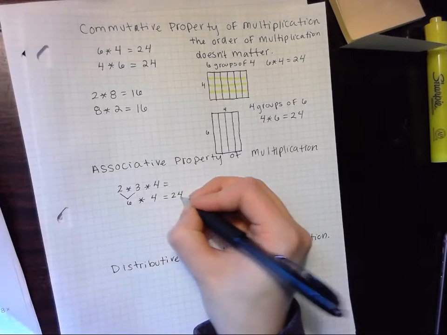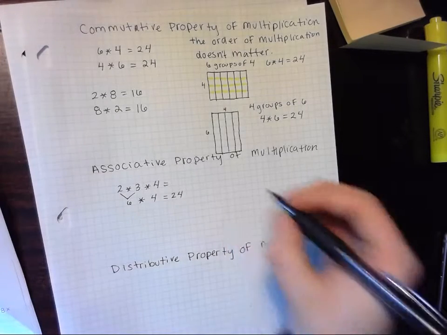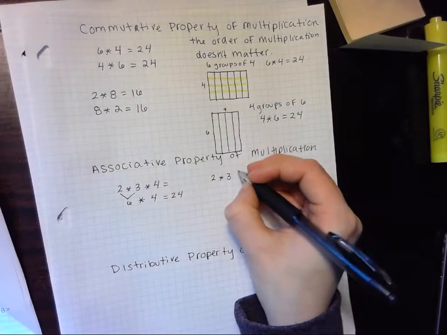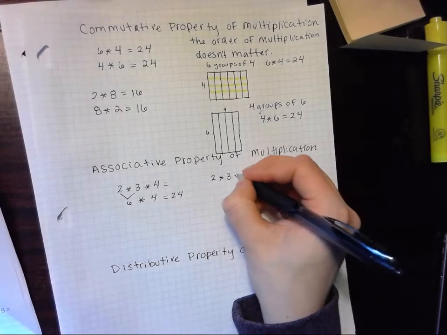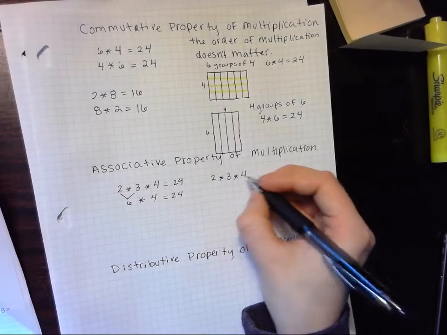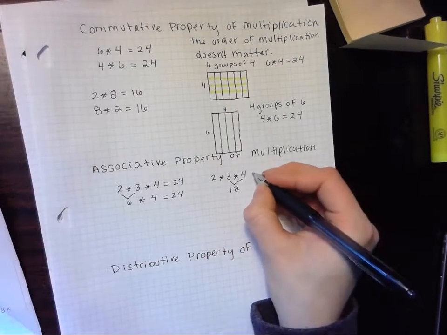Okay? So another way we could do it, 2 times 3 times 4. If we multiplied 3 by 4, we would get 12.